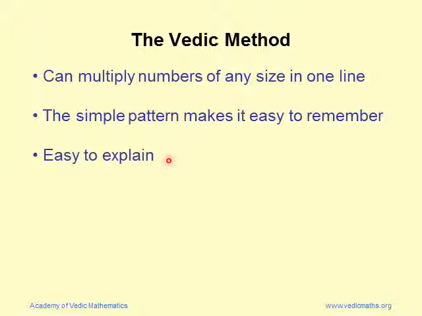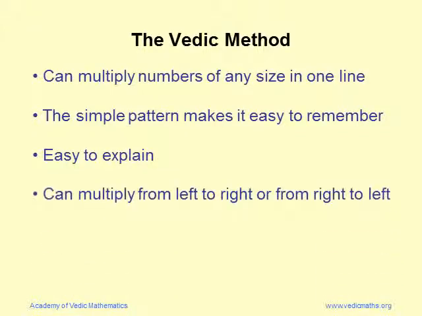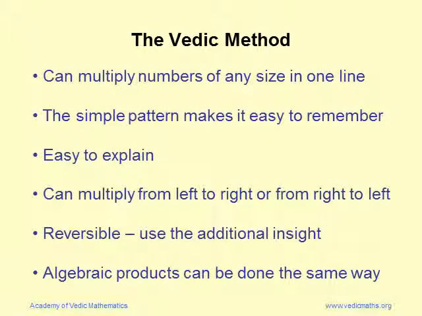Can multiply from left to right and also from right to left. We would see some examples later. It is reversible; we won't do an example of reversibility, but you can look at the teacher's manual that discusses the topic in detail. Algebraic products can be done the same way, and we would see an example of application of vertically and crosswise to algebra.